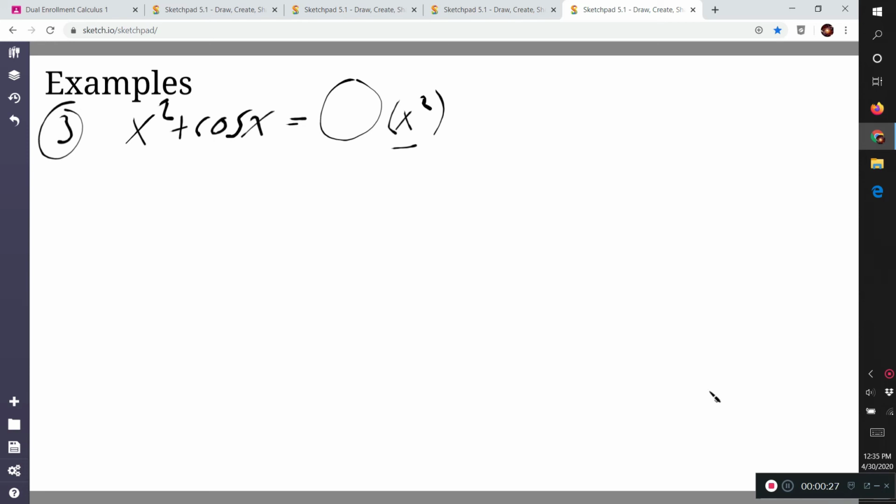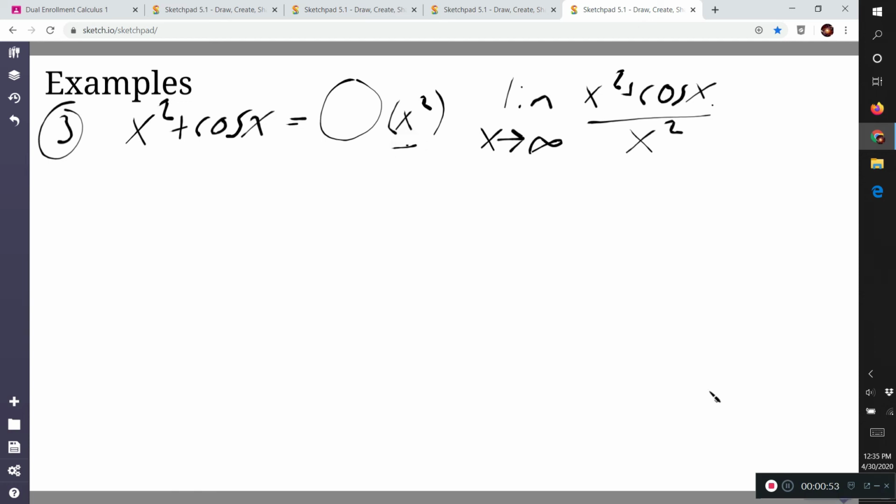And you can do this in reverse order. Our setup according to the definition is going to be the limit as x goes to infinity of x squared plus cosine x over x squared. Now you could flip this and do it that way, but it's almost always easier if you put this one on bottom.